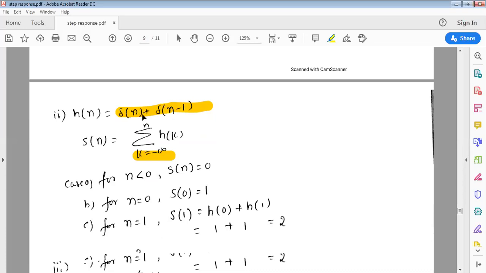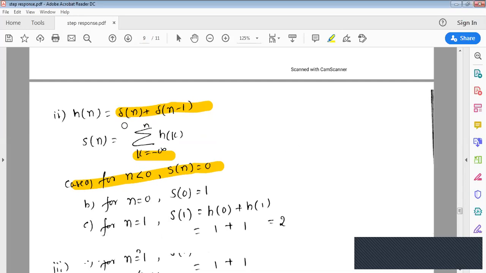Delta of minus 1 is 0. Delta of minus 2 is equal to 0. Therefore, in the first case, when n is less than 0, s of n is equal to 0. Next, when n equal to 0, what is the value? Delta of 0 plus delta of minus 1. Delta of minus 1 does not exist. Delta of 0 is equal to 1. That is, s of 0 is equal to 1.